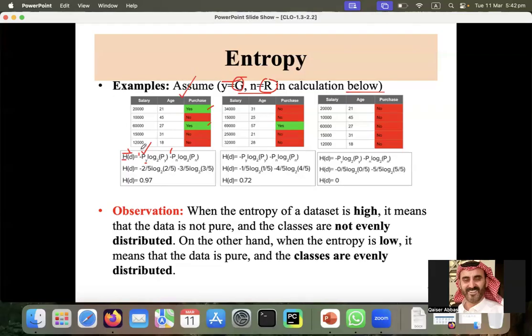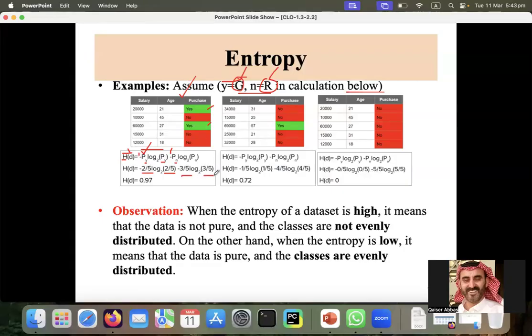Similarly, here for py log py, how can you do that? So here y is what? Y is green. So you have two evidences here. Occurrence is 2, and the total number is what? 5. So 2 divided by 5 for the y. And log, again, this py is again 2 over 5. Then minus, and for n is what? N is red. So how many red here in the first case? 3 by 5.